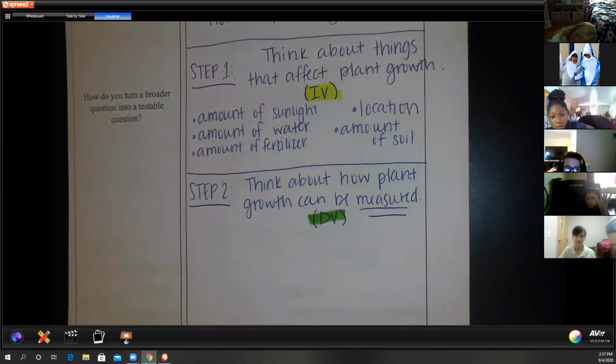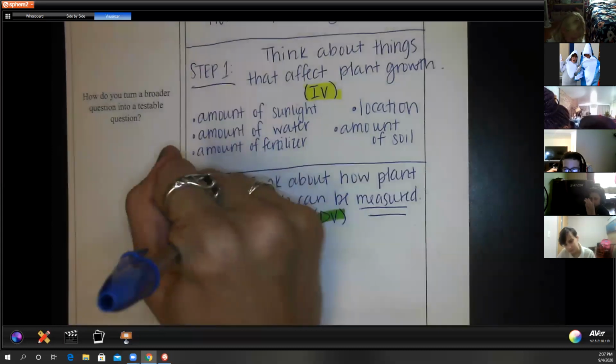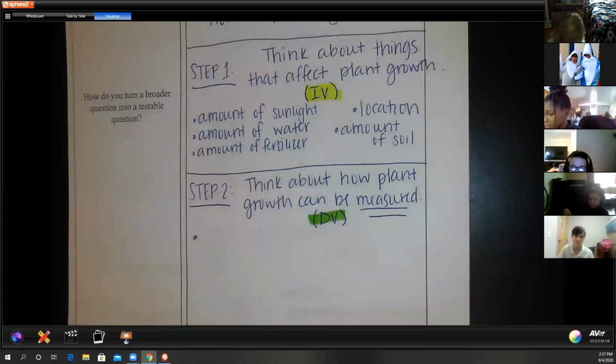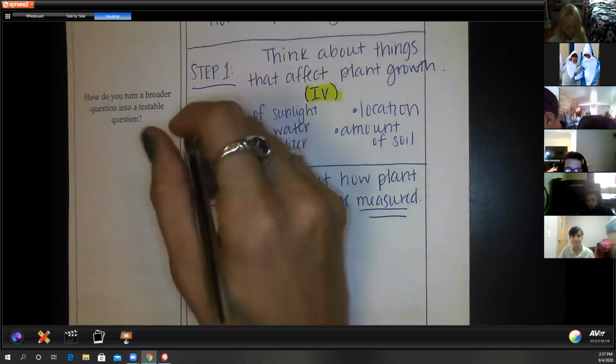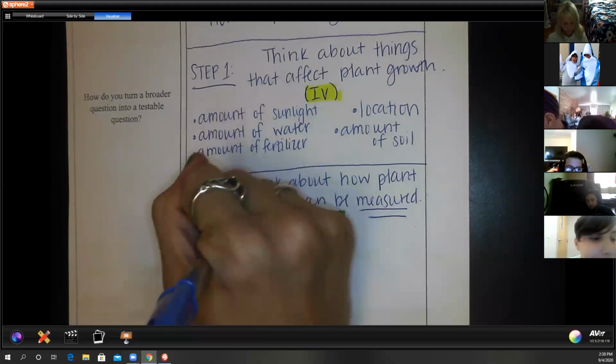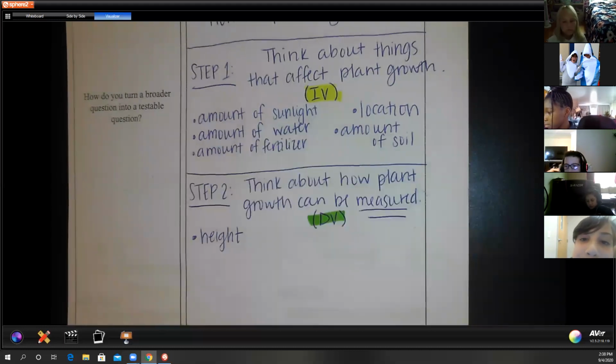Think about how we measure things. With a ruler or something. Like every day you check up and measure it. Okay, so I might measure with a ruler. I might measure its height. What else could I measure about the plant to make sure it's growing, Josh? The weight?